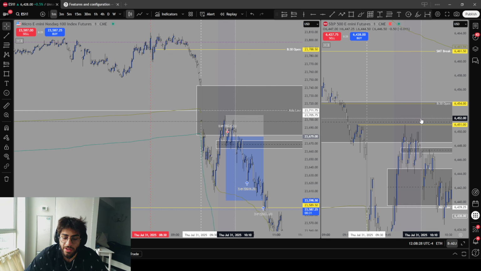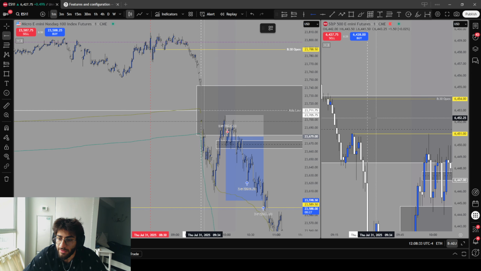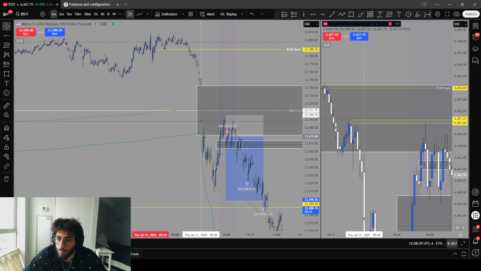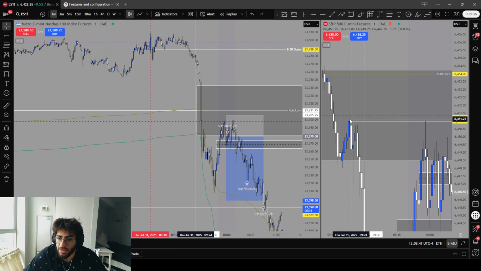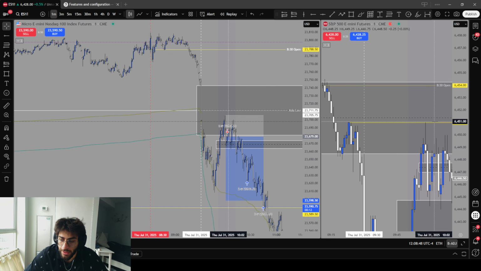Okay, where does liquidity lie? Let's say this was a liquidity sweep: does liquidity lie at 6451 or 6451.25? Okay, it lies obviously on the high of the swing. So that's where the liquidity orders lie.